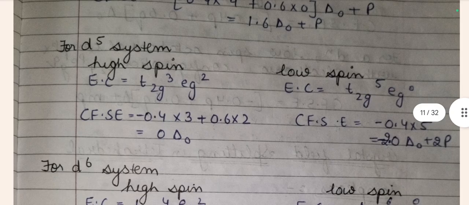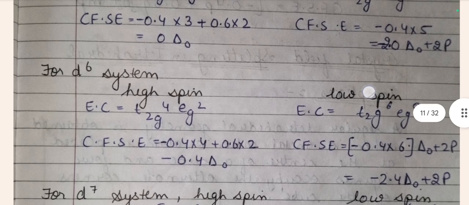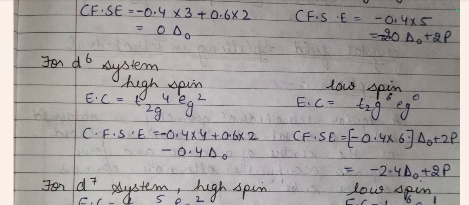And for low spin, the electronic configuration is t2g5 eg0. CFSE is equal to minus 0.4 multiplied by 5, that is equal to minus 2.0 delta naught plus 2 pairing energy.